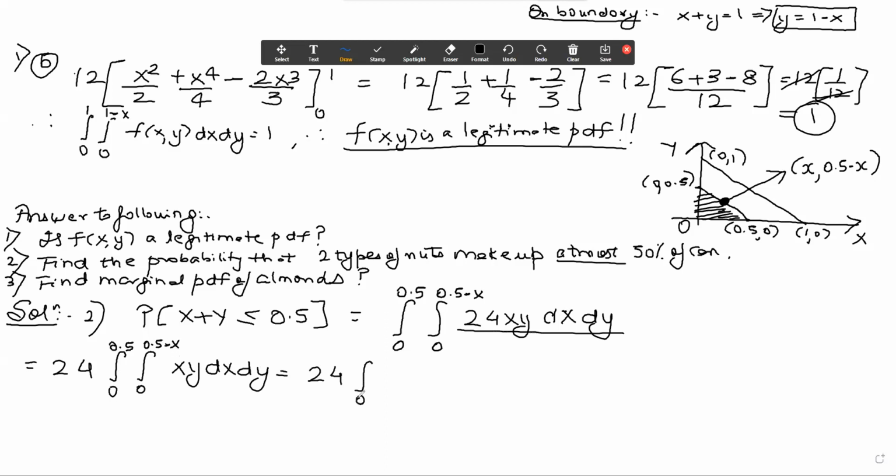Integral 0 to 0.5. If I integrate with respect to y, xy square by 2, I will run this from 0 to 0.5 minus x.